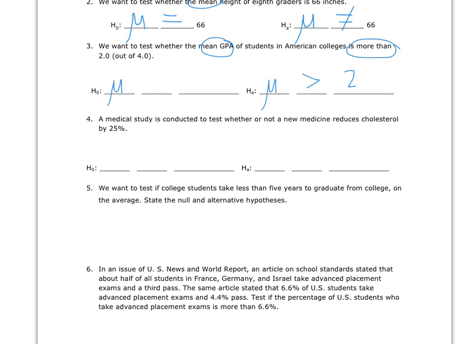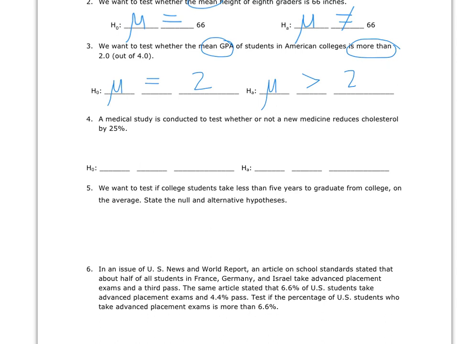For the null, we have a couple options here. Well, actually, let's back up. We can just write down that 2 right there. We know that that's it. We have to fill in what the symbol is that goes there. It has to be a statement of equality. Now, different textbooks have different ways of saying this. You have 2 options there. You can always just go with equals, every single time, no matter what the alternate is.